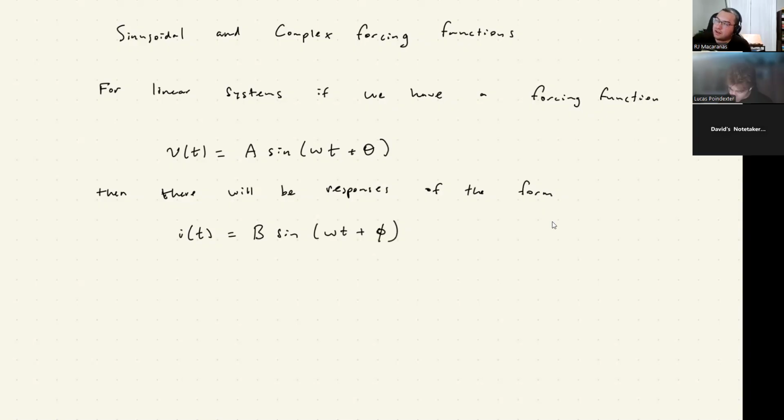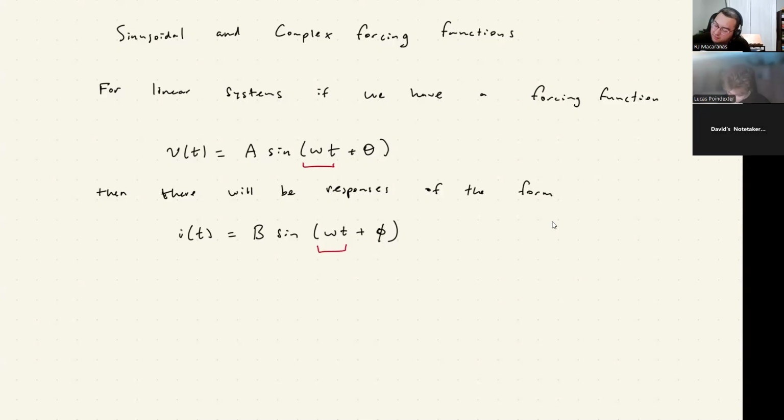One important thing to note here is that the frequency stays the same. If we're driving a linear system with some kind of sinusoidal source, the frequency is going to be the same no matter where you are in the circuit, but the phase angle will differ all over the place.